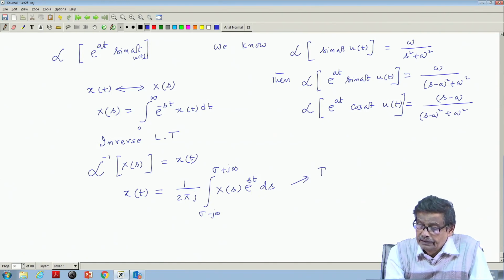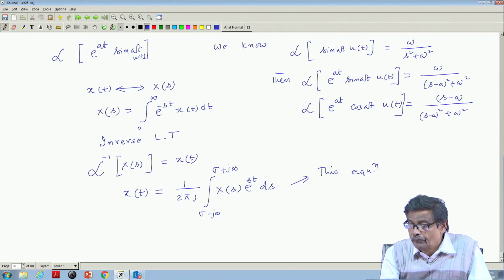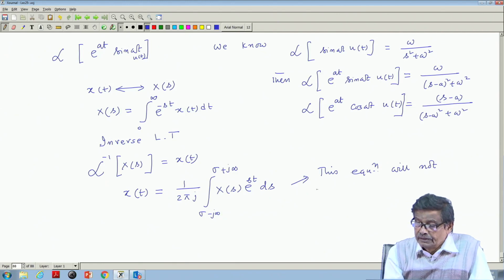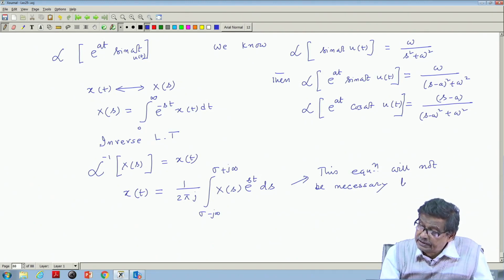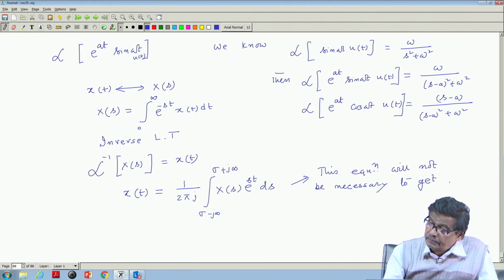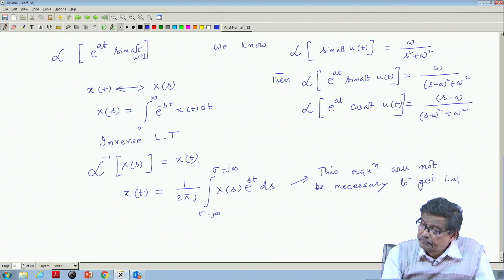This equation will not be necessary to get the Laplace inverse.